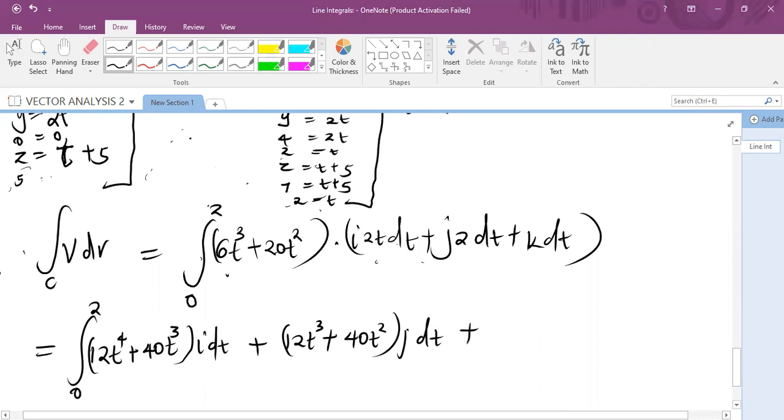Plus the final one, we have 6t cubed plus 20t squared, k dt. So this is basically what we evaluate to get our answer. Okay, fine. So let's see what this simplifies to when we come to integrate.